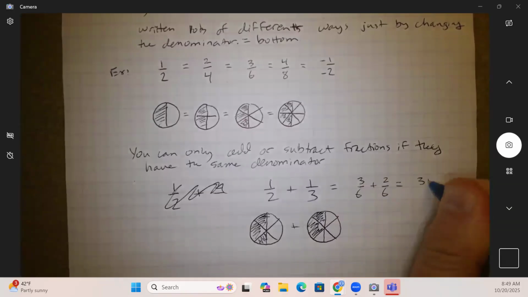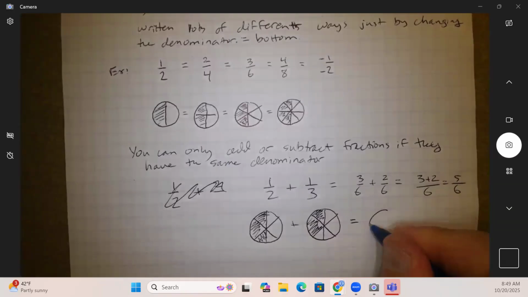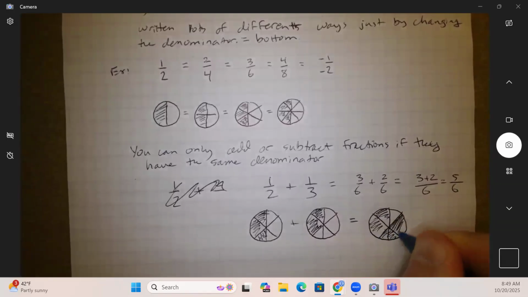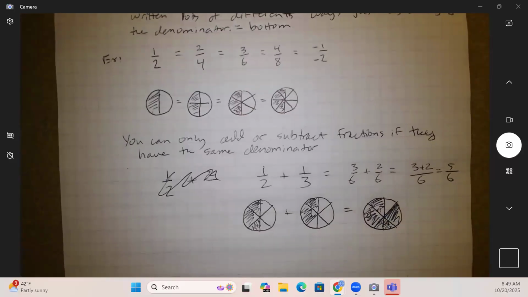And now I can add them because they have the same denominator, and I get 5/6, which if we do our pie should make sense. There's the 1, the 2, the 3, the 4, the 5, and forgive the bad slicing of the pie. So being able to find an equivalent fraction is an extremely useful tool, one of the most, as soon as we leave the world of integers.